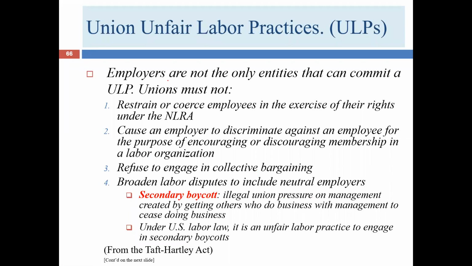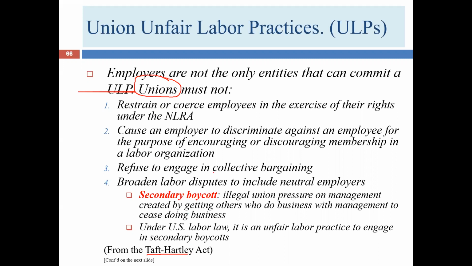So now we're going to talk about what unions can't do. Again, this is an addition after the Wagner Act, so this comes from the second law. We had the Wagner Act during the Great Depression, and then we had Taft-Hartley after World War II, still in the 1940s. And this was, again, a fairly anti-union law.